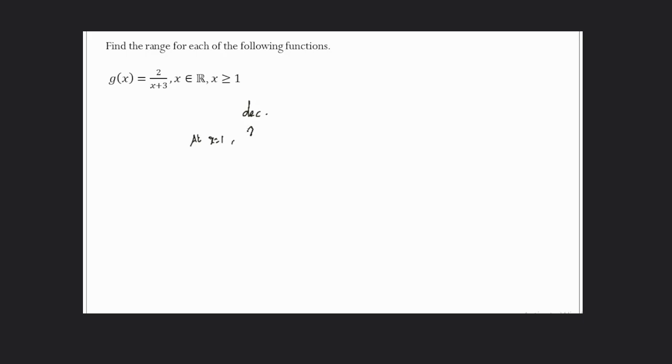So at x equal to 1, what would be the function value? 2 by 1 plus 3, that is 2 by 4, that is 1 by 2. So it starts from half. That means at the minimum value of x in the domain, the function takes the maximum value 1 by 2.